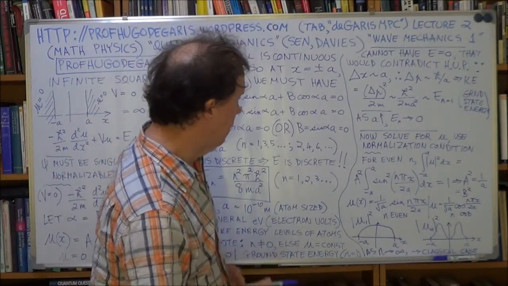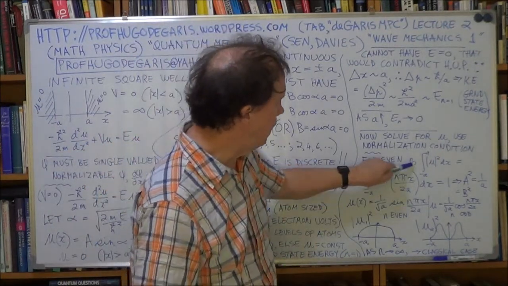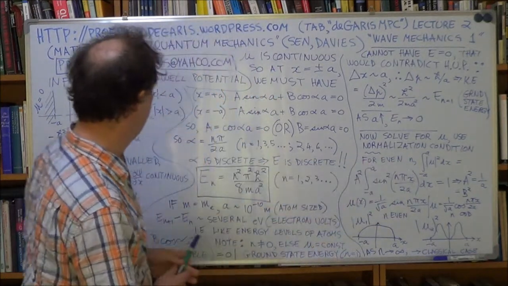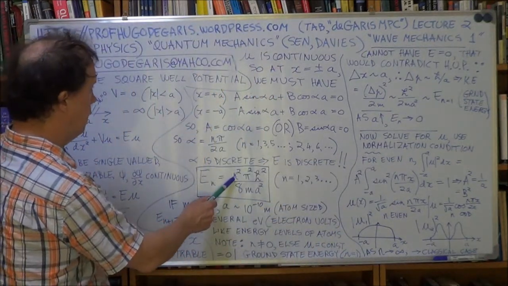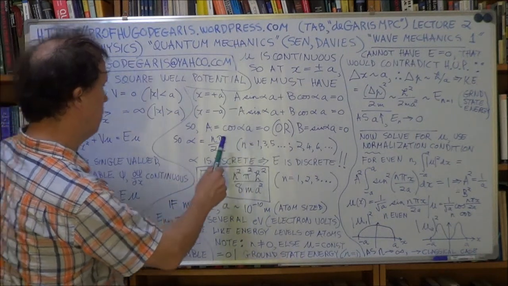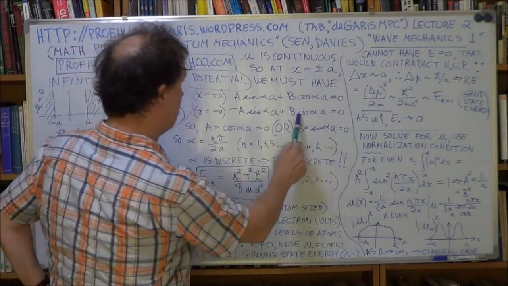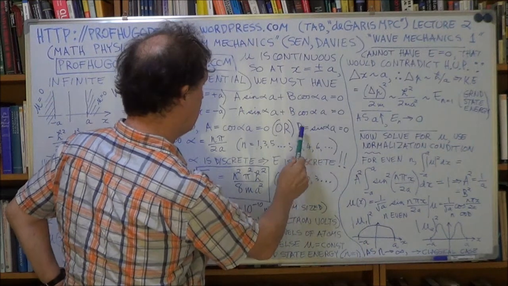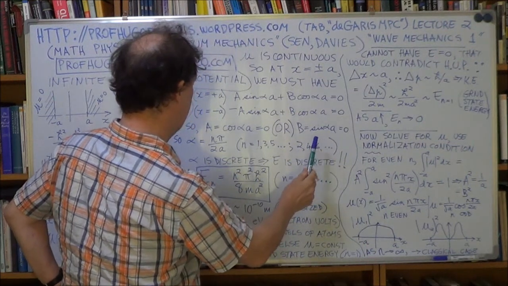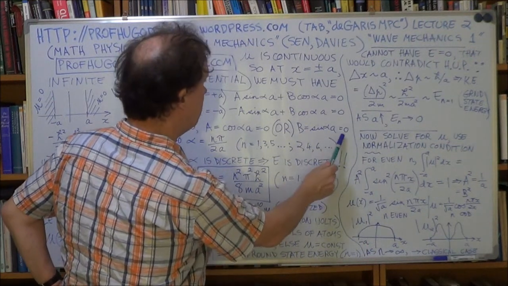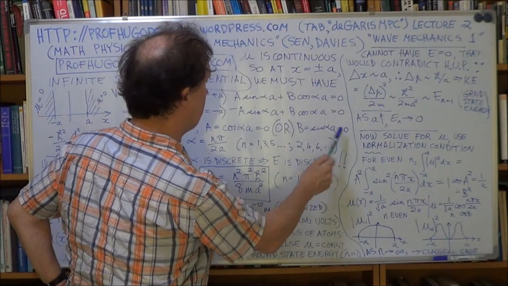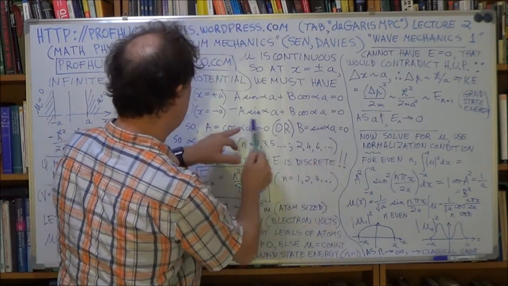Okay. Now let's say for even n, when n is even here, which case are we talking about? This case here, I think. So B is 0, right? B is 0, so the A is non-zero.